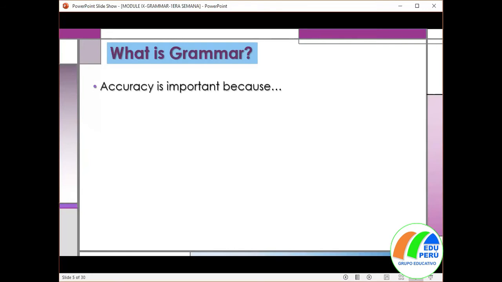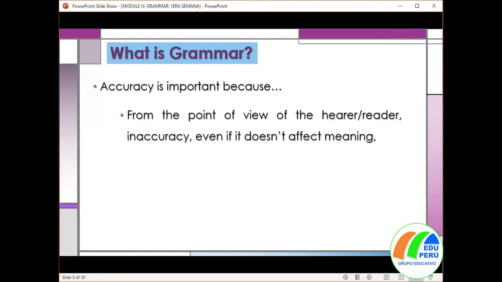Accuracy is important because, remember, when we talk about grammar, we're talking about accuracy, how effectively, how well you use the language. From the point of view of the hearer or reader, inaccuracy, even if it doesn't affect the meaning. This is a kind of agreement with your opinions, no? Because you said correct grammar is not important, the most important thing is to communicate. So this is from the hearer, from the reader.